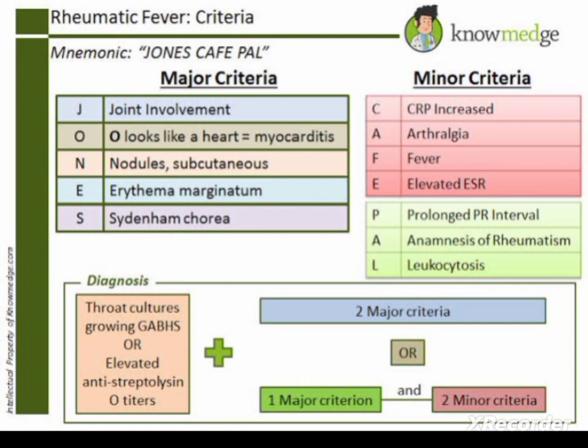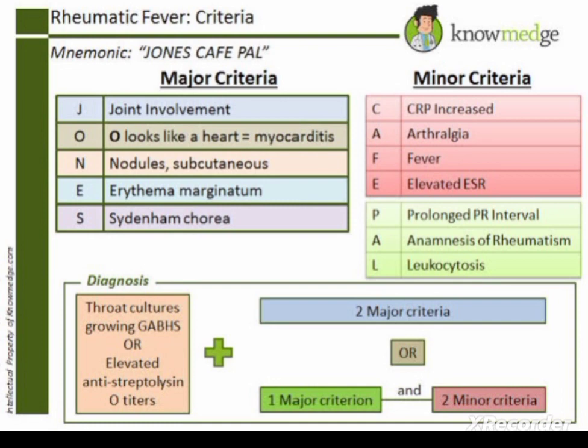In major criteria, the joint involvement, otherwise known as mono or polyarthritis, is the common finding in rheumatic fever. Mainly, larger joints will be affected in case of rheumatic fever, but in case of osteoarthritis, the smallest joints will be affected.